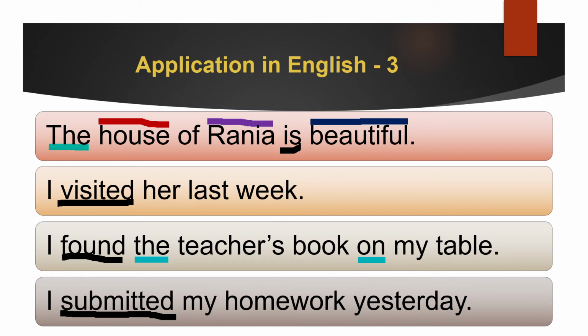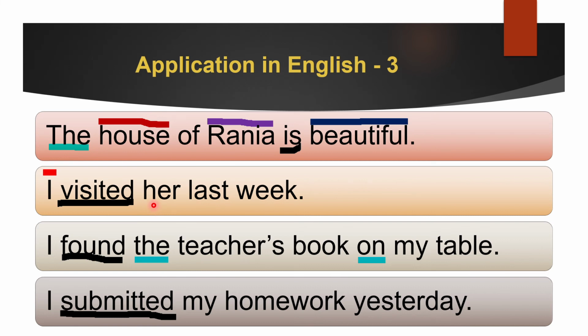Now moving on to the second sentence. Again, who is the doer here? I is obviously the doer. Therefore, I is Rafa. Now next, I visited. Now then you see the words her, last week. First we can ask, whom did you visit? That will give me an explanation, an information, and we can say it's her.